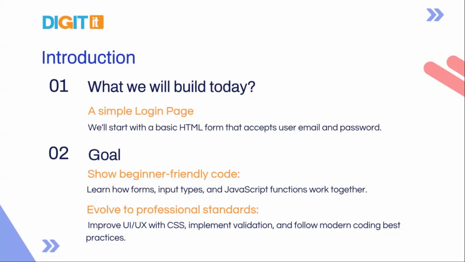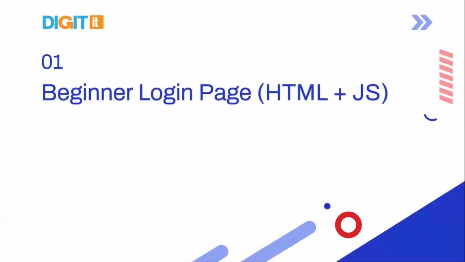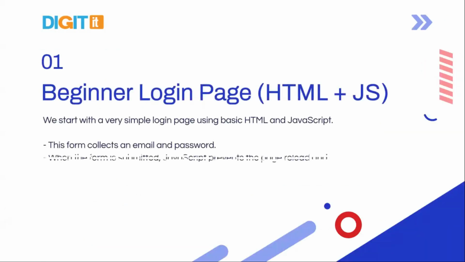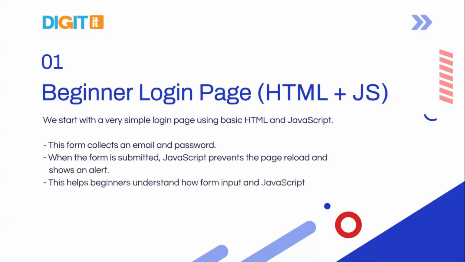So going forward now, first we'll talk about this beginner login page with HTML, CSS, and JavaScript. Here he is going to write the code without any coding standards because he has less knowledge. He can understand the concepts, but he doesn't know how to apply the styles.